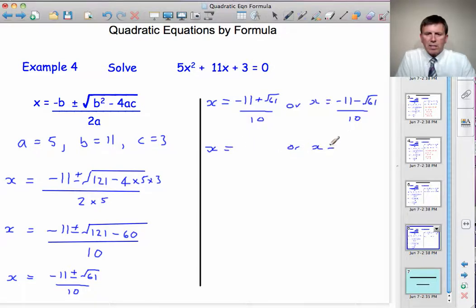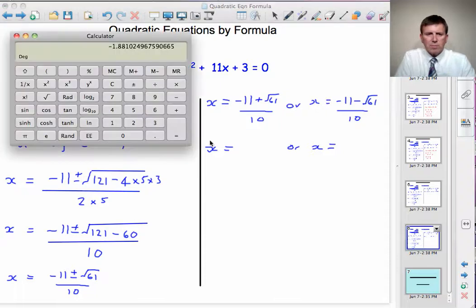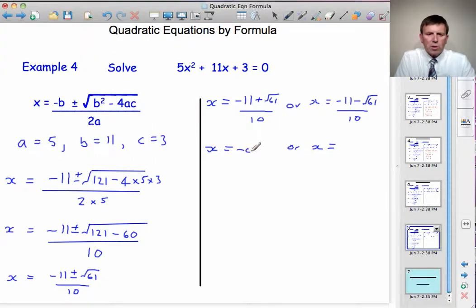So let's get ready to put the answers in when we work them out on the calculator. Minus 11 plus the square root of 61 equals, divided by 10 equals, and to three significant figures, that's minus 0.319.